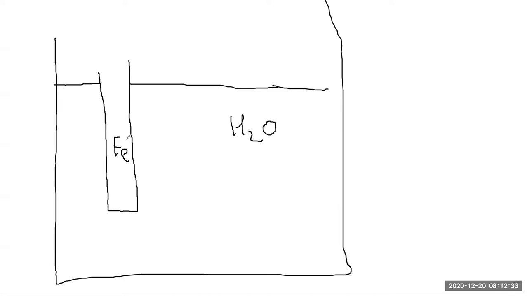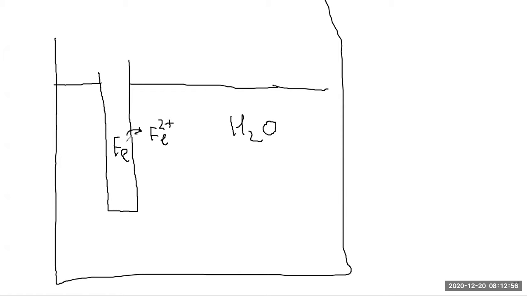What happens? Iron ions start to dissolve, double charged ions. But the electrons do not. They stay in the piece of iron.